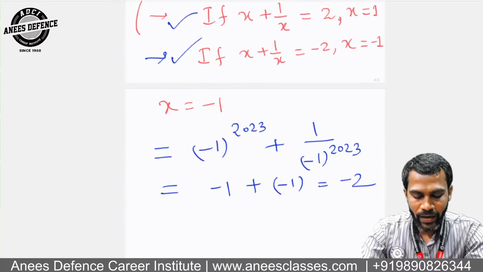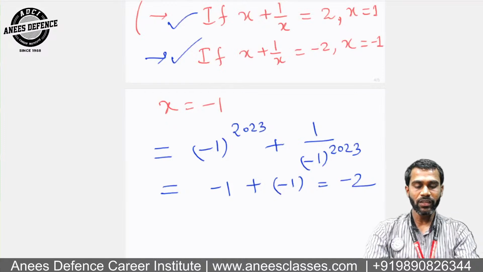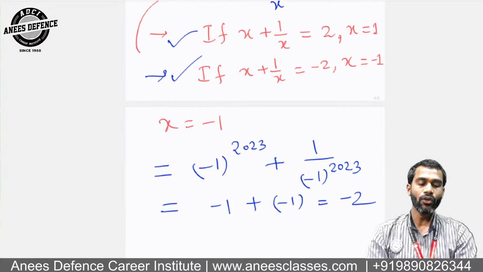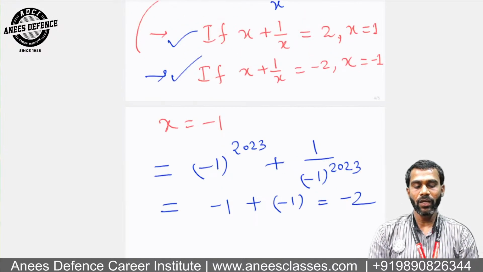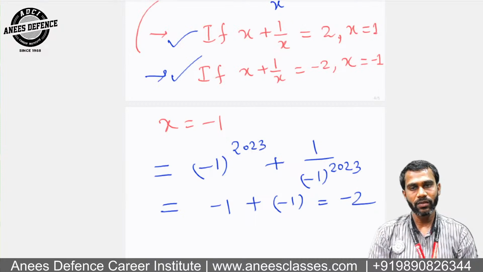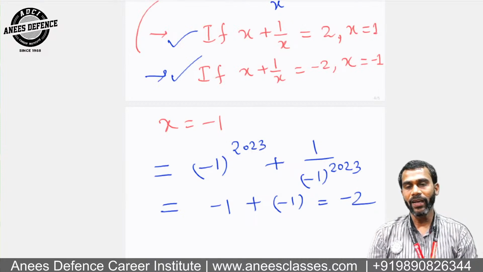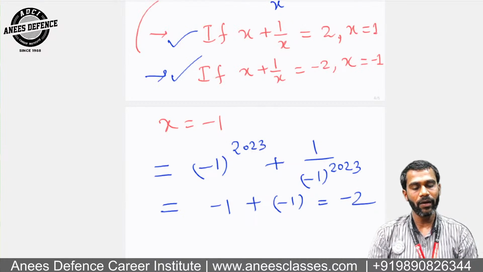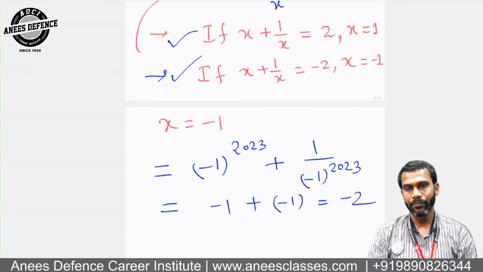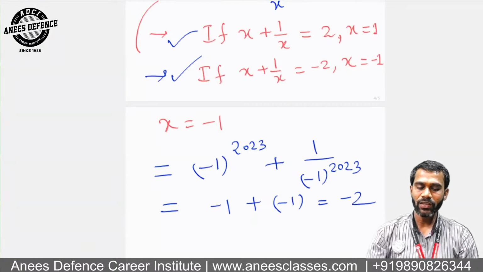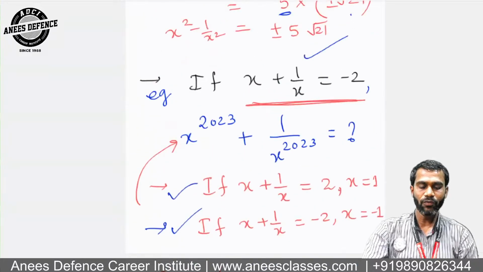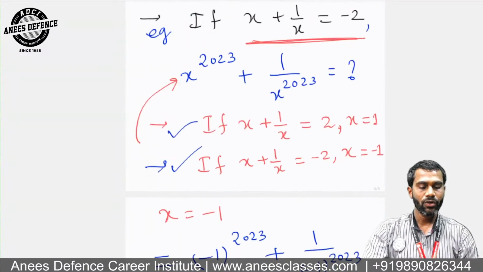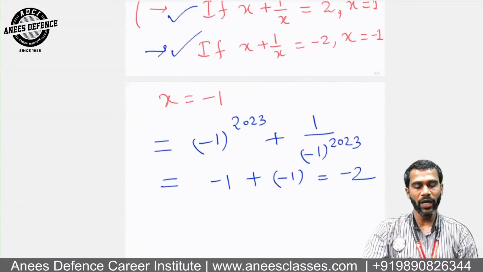If you add any real number and its reciprocal, and if it is equal to 2, then always remember the number must be 1, nothing else. Similarly, if you add any real number and its reciprocal, and if it is equal to minus 2, the number must be minus 1. Since in this question it was x plus 1 by x is equal to minus 2, we have to write x is equal to minus 1.